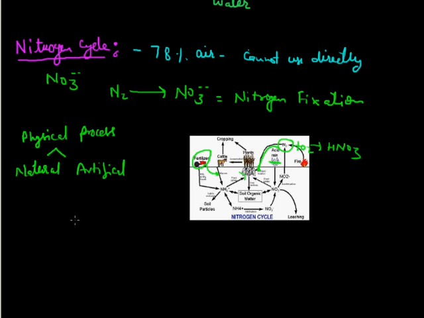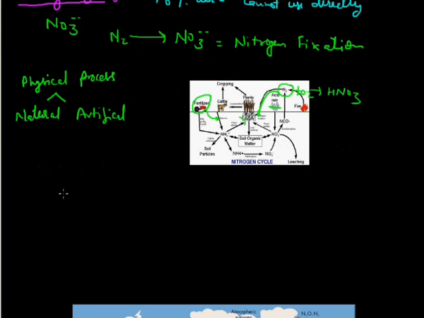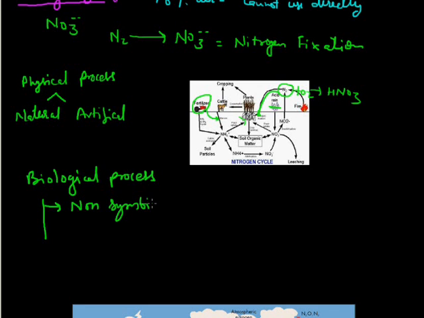Now we discuss the biological process through which nitrogen converts into nitrate. The biological process is also divided into two parts. First is non-symbiotic, which means living beings directly convert the nitrogen into nitrate.